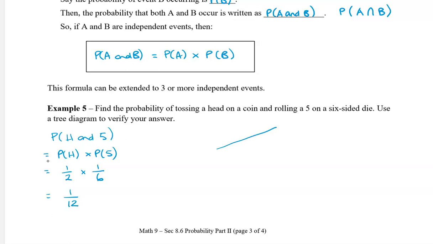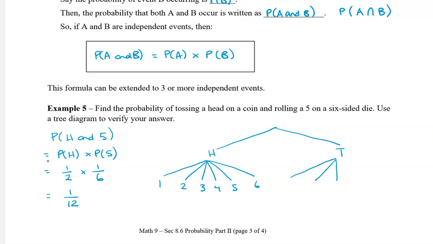Now, if I draw a tree diagram, if I toss a coin, I can get head or tails. Now, after getting the head, we're now going to roll our die, and there are 6 possible outcomes because we can get 1, 2, 3, 4, 5, or 6 on the die. If the first toss of the coin is a tail, again, we can also have 6 other outcomes of the die. So 1, 2, 3, 4, 5, or 6.